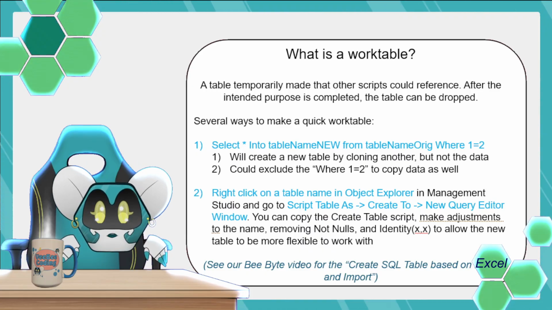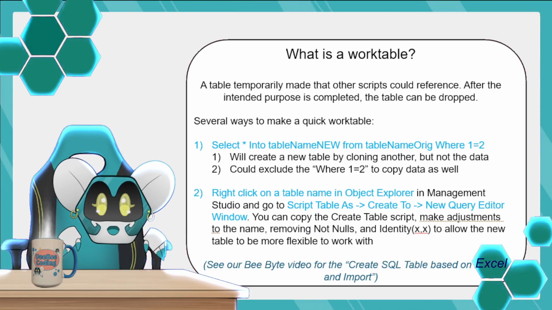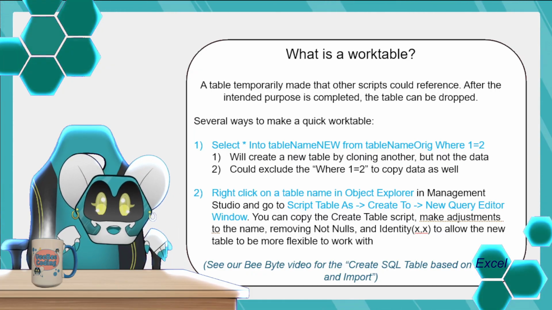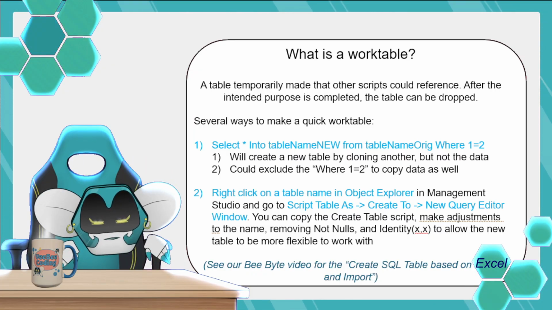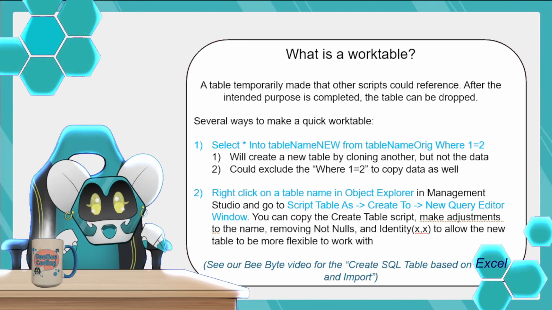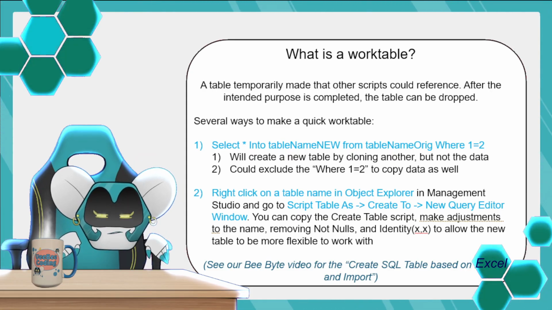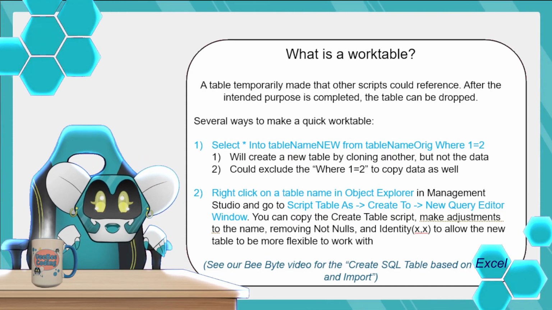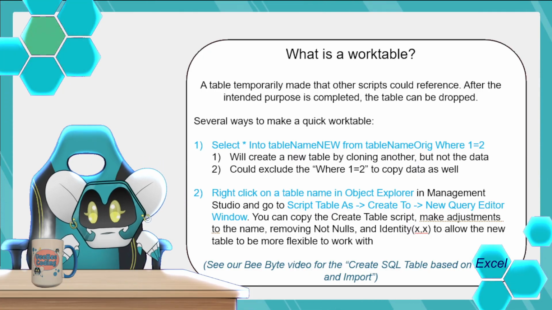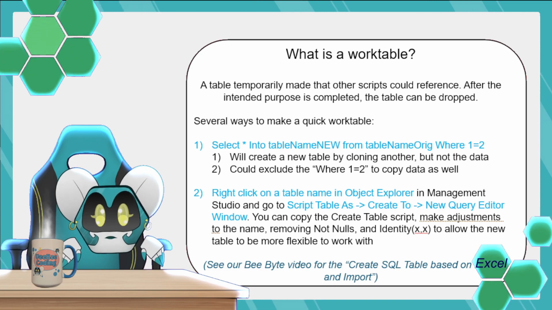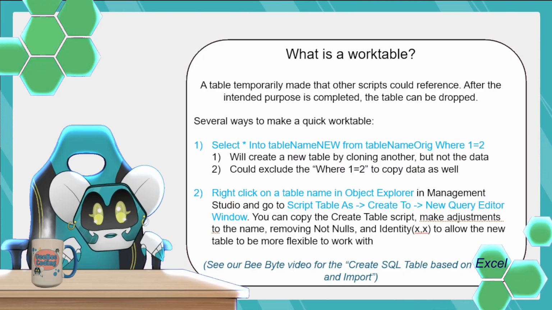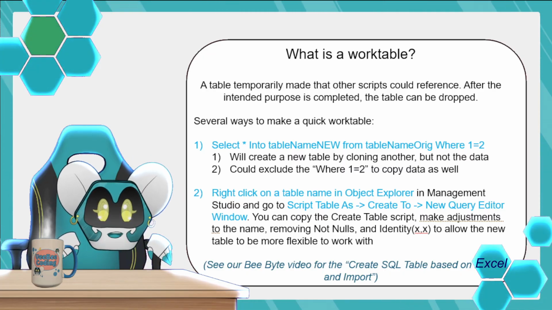You can copy that to a new tab, and change the table name, such as putting an underscore at the end and saying work table, or underscore copy, whatever. You can make other updates, such as removing any mentions of not nulls and identity. Basically trying to make it as least restrictive as possible, that way, when you import data into it, it's more user-friendly.